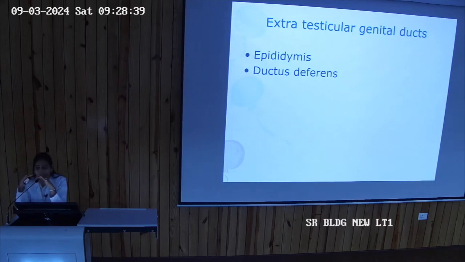In the cut section of the epididymis, you are going to see numerous tubules with this epithelium. It has two types of cells: tall columnar principal cells and small basal cells. As you have read, these basal cells are stem cells, and they differentiate into the principal cells.